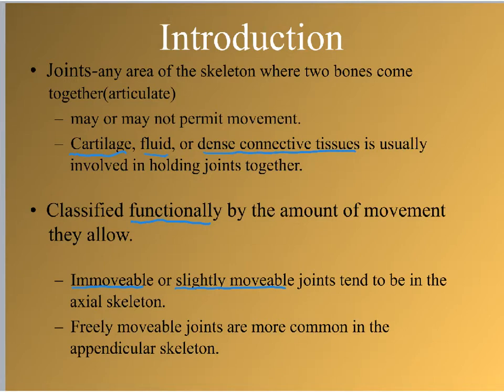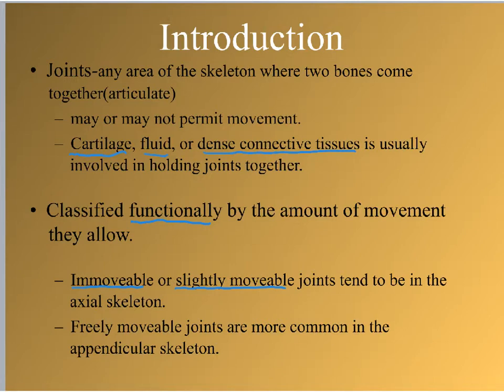And if you think about it, that makes sense because your axis is the core of your body, where it's going to be stabilizing or supporting the majority of your weight. So there you don't want to have freely movable joints. You need that stability. But everywhere where bones come together, you don't want those bones to be fused together in one bone either. You do want slight mobility there.